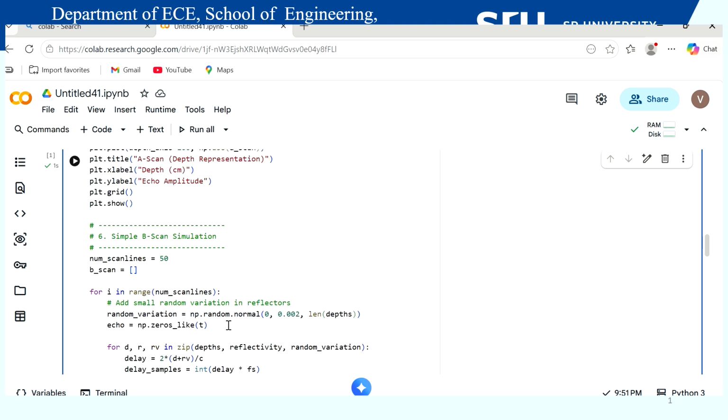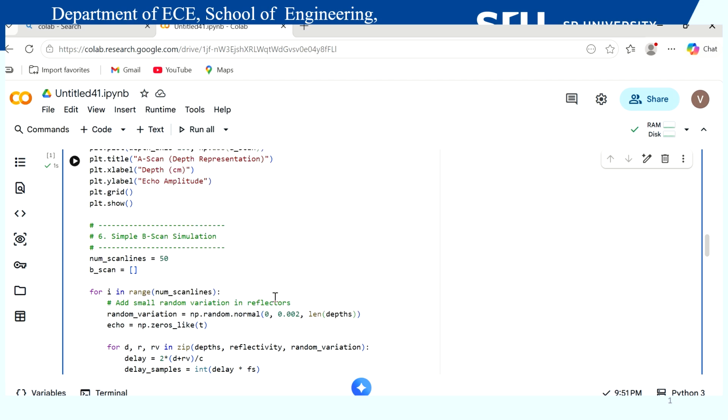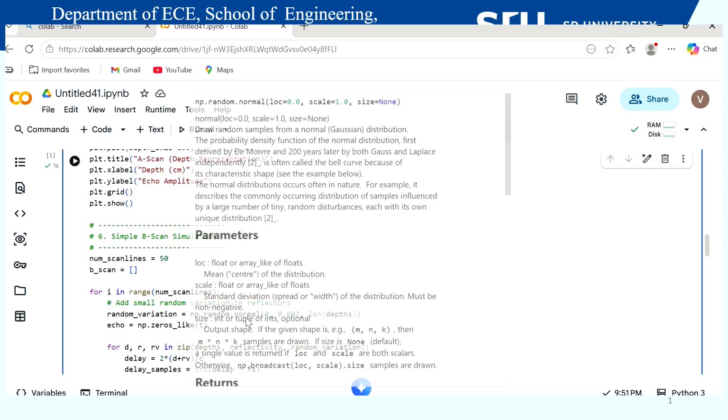So random_variation is equal to np.random.normal(0, 0.002, len(index)), and then echo is equal to np.zeros_like(t). Why is it given? To simulate small irregularities in tissue shape. Otherwise, all scan lines would look identical.